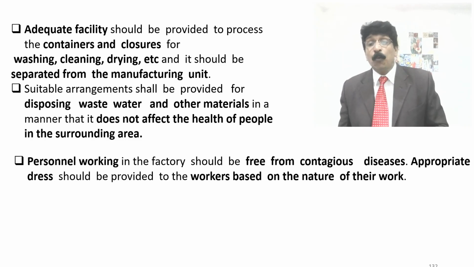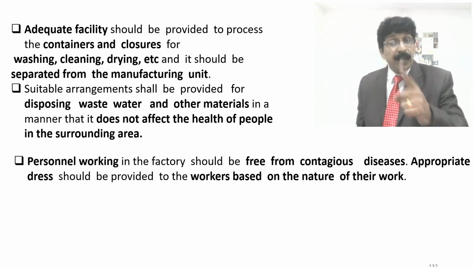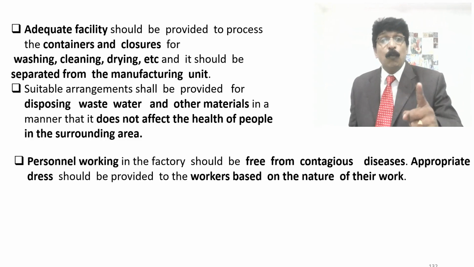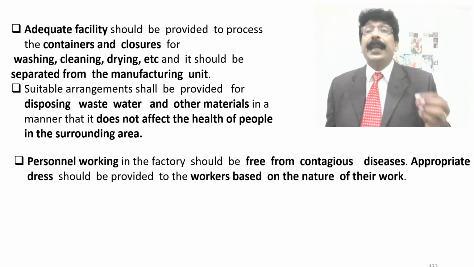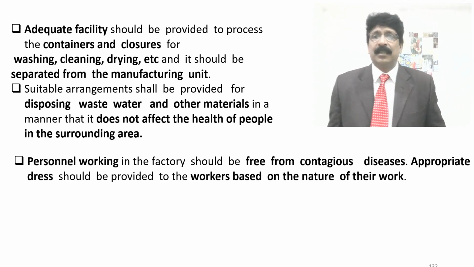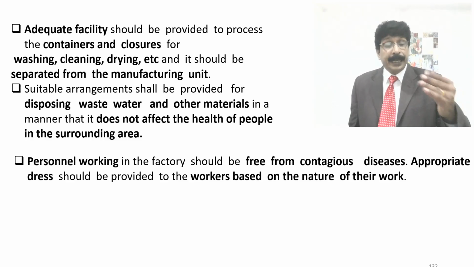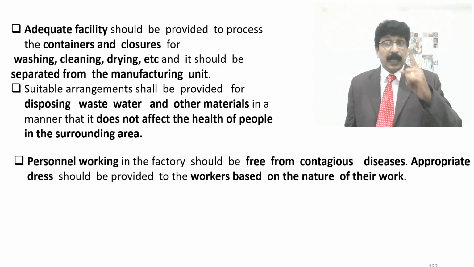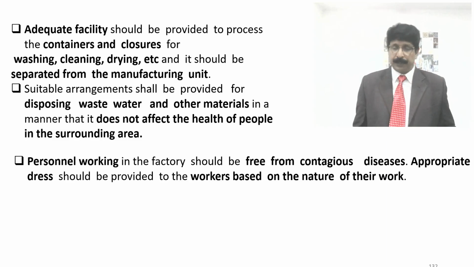Working personnel, that is employees, should be checked periodically. The personnel working in the factory should be free from any contagious diseases. Appropriate sterilized dress should be provided to the workers based on the nature of the work. What is the nature of the work?